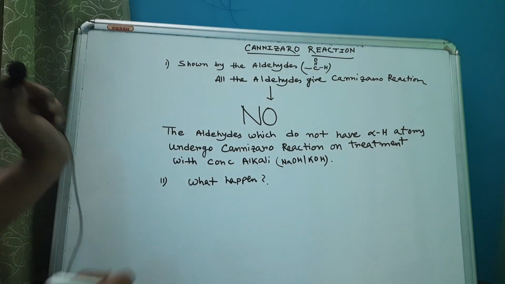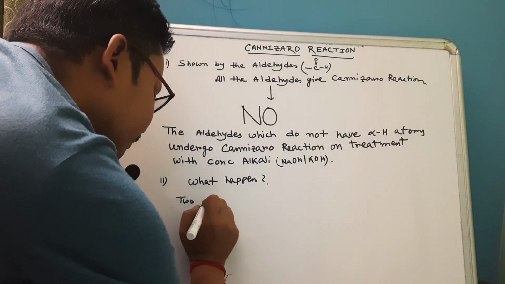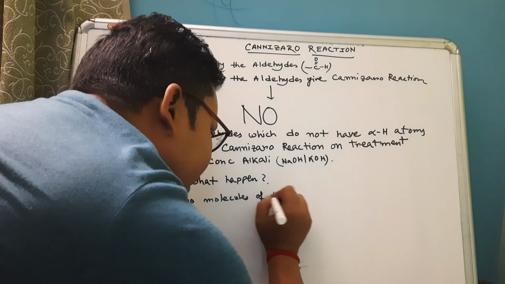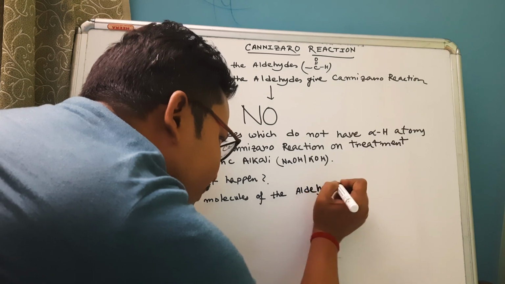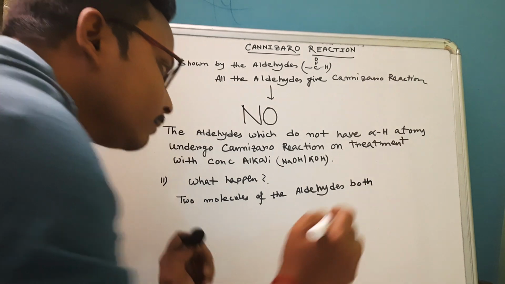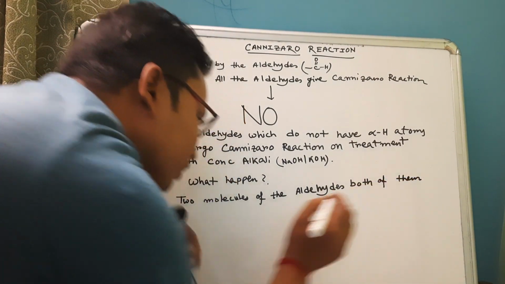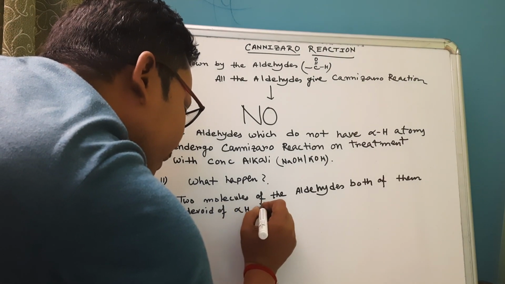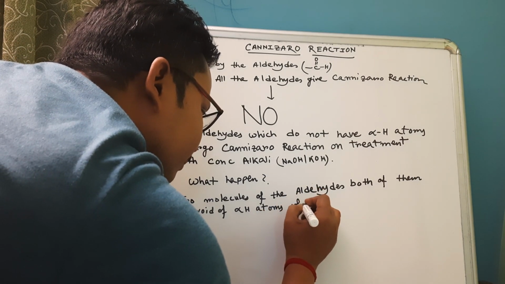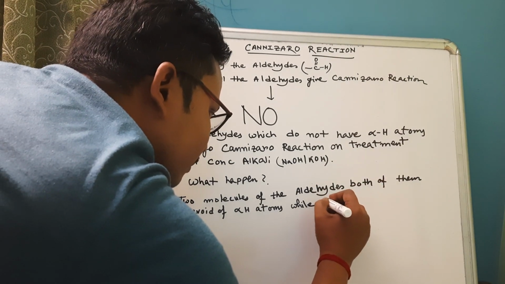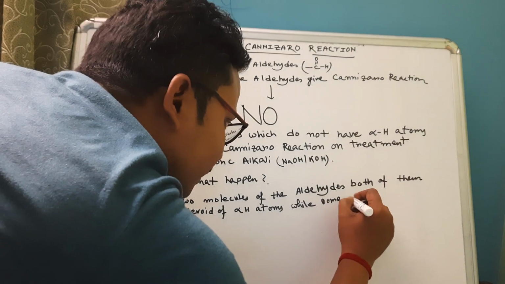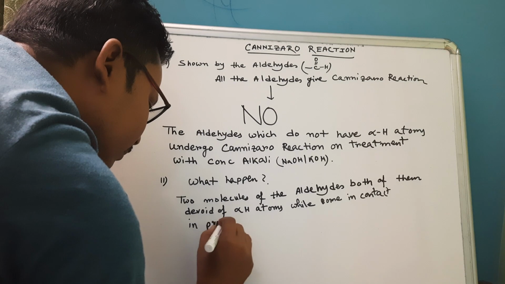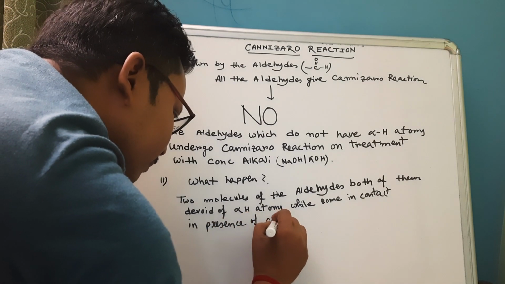So two molecules of the aldehyde, both of them devoid of alpha hydrogen atoms, come in contact in the presence of concentrated alkali.